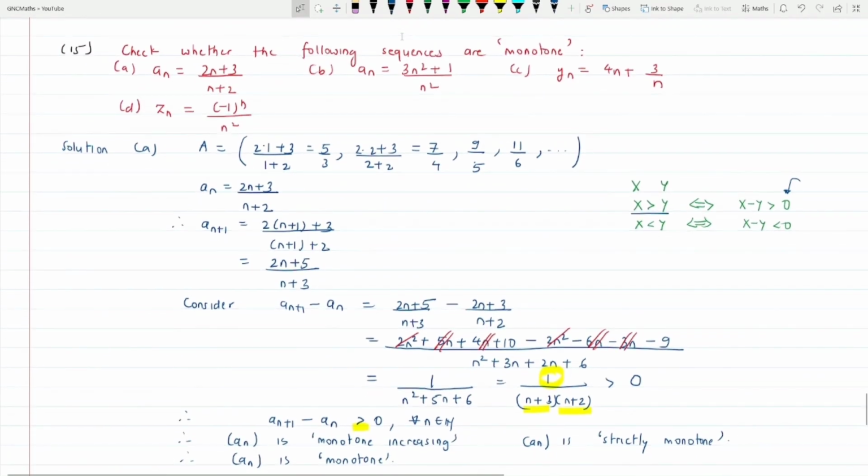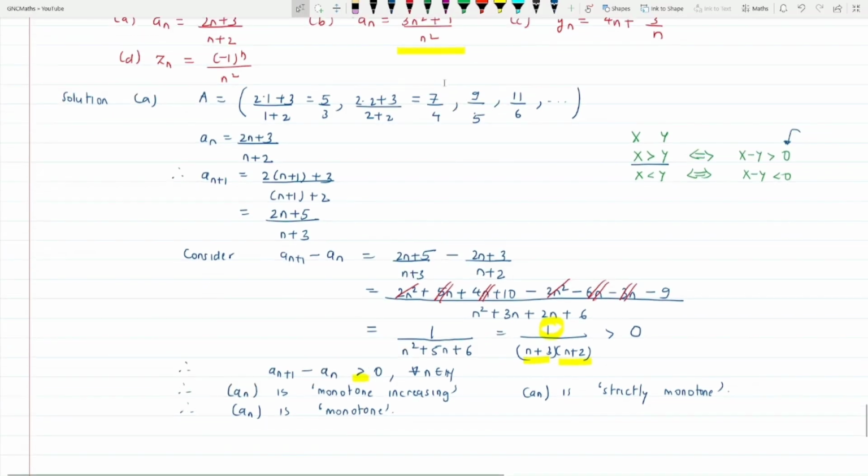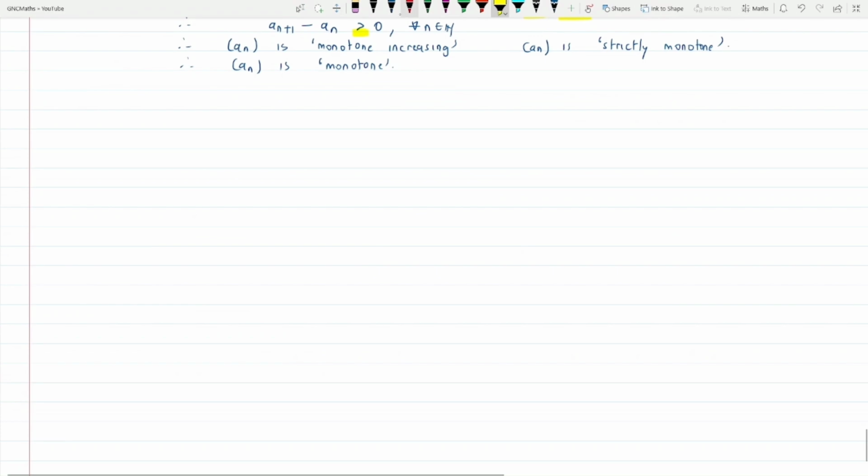So the next question we have is where Bn is equal to 3n squared plus 1 divided by n squared. So we are going to follow a similar approach.